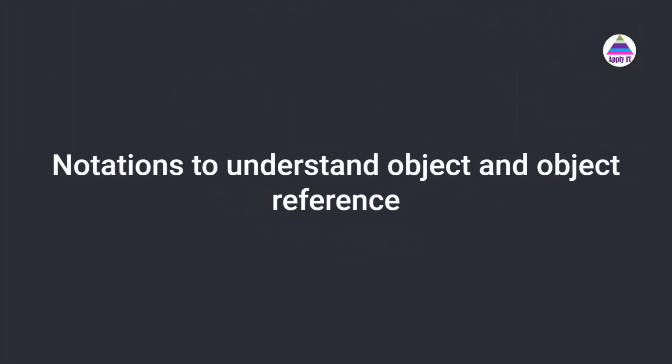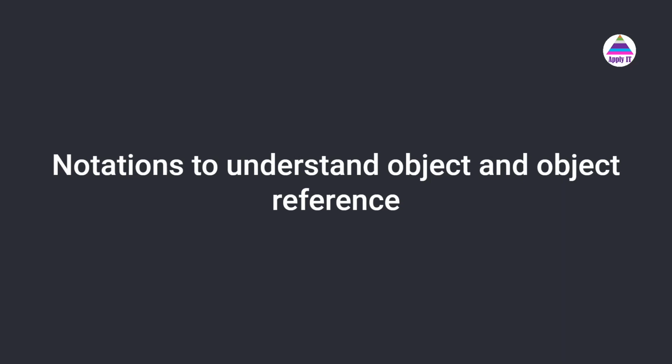So we use some notations to understand object and object reference. These are notations that I have created just to understand how the object reference affects the access of the data members and the member functions. In an actual object reference, such information may not be there, or the JVM might be deriving such information based on the object and object reference.